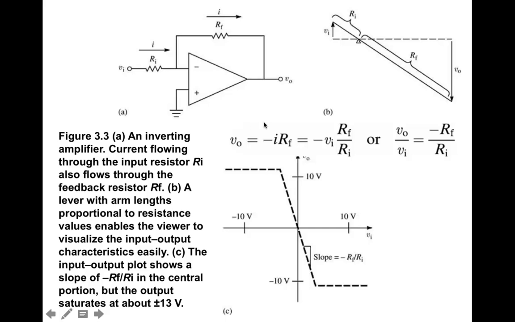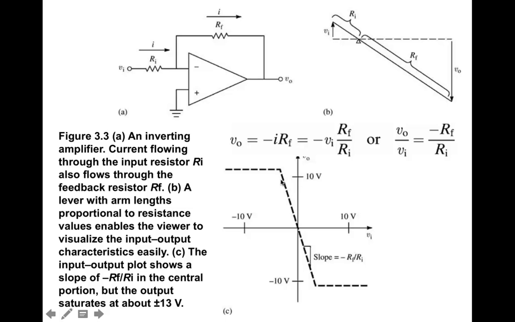Basically, this works as long as the input voltage does not exceed the power supply that's hooked up to the op-amp, and that's usually given in specific op-amp specifications. It can range anywhere from 3 or 4 volts to 13 to 15 volts, just depending on the type of op-amp and how it's spec'd.